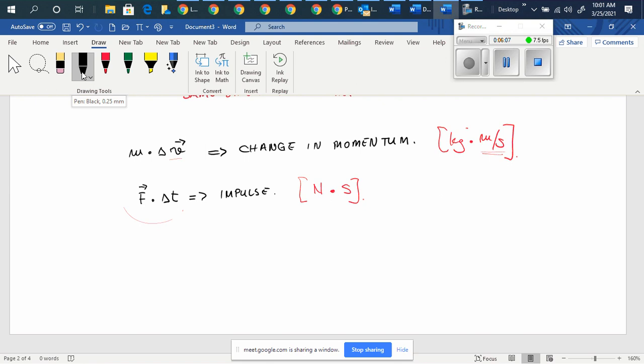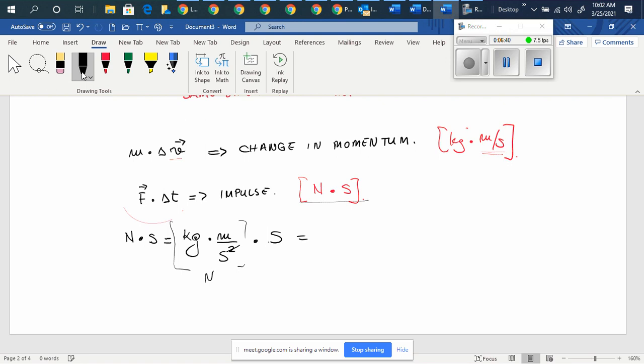So let's suppose that we are starting with impulse. We have newtons times seconds. From physics 30, we learned that a newton is kilograms times meters per second squared. If we substitute that, we have kilograms times meters per second squared times seconds. The first part is for newtons, and then we have the seconds from the formula.